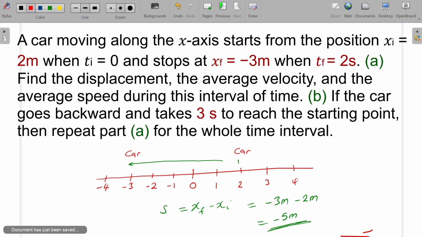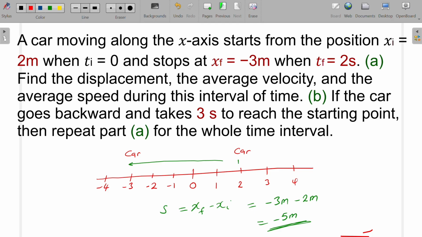So let's go ahead and look at the second part, that is saying the average velocity. How do we find this average velocity? Average velocity of an object is just the overall change in position over the overall change in time.